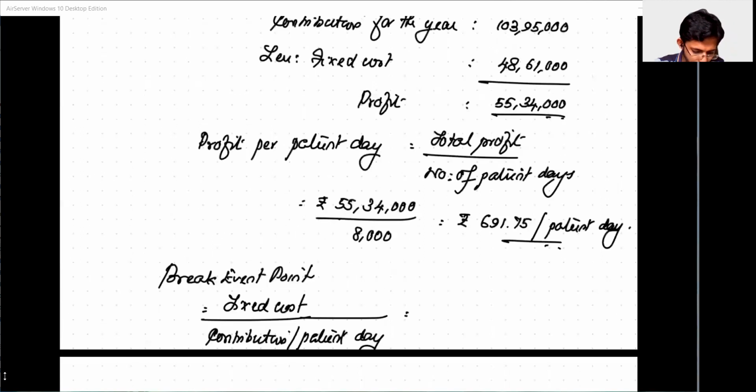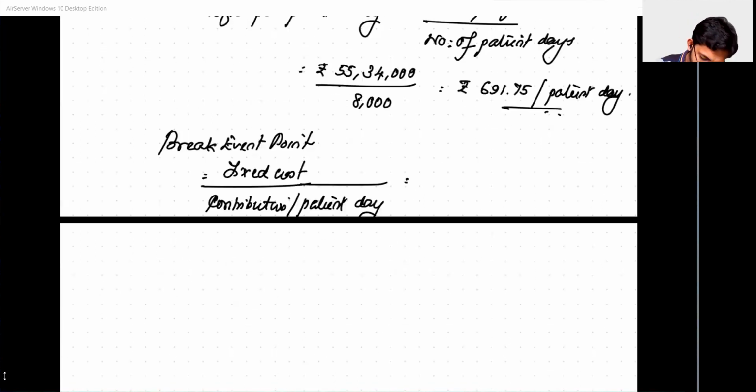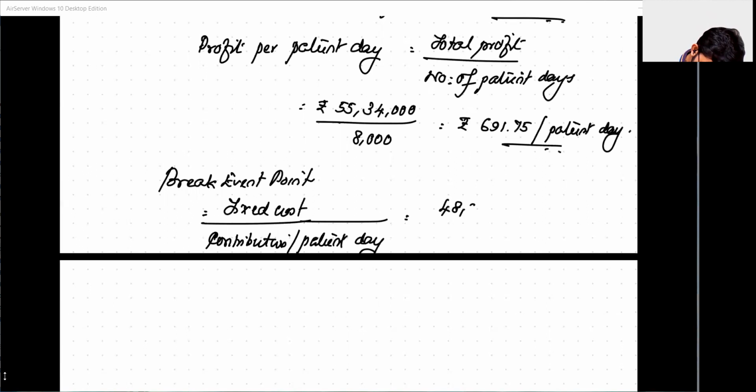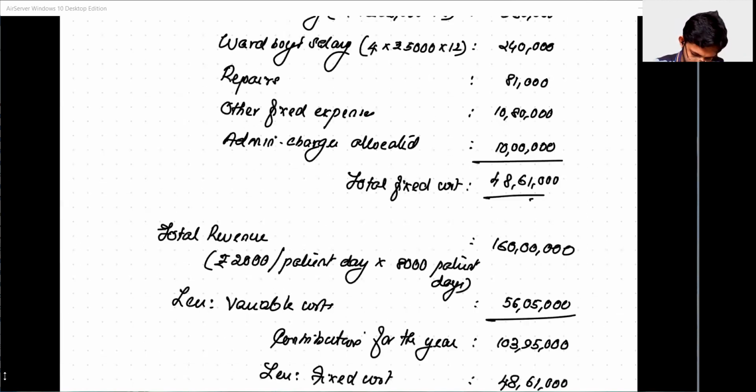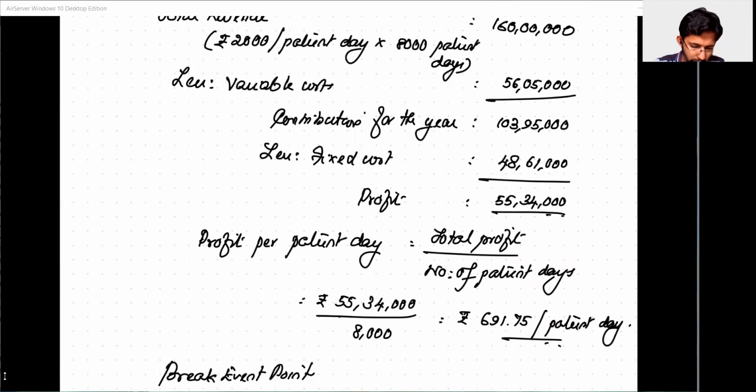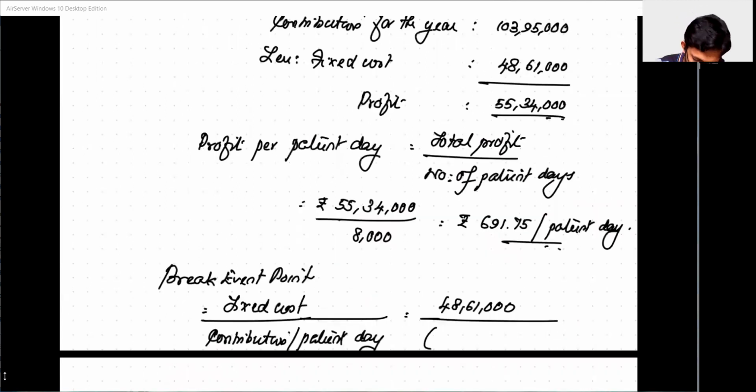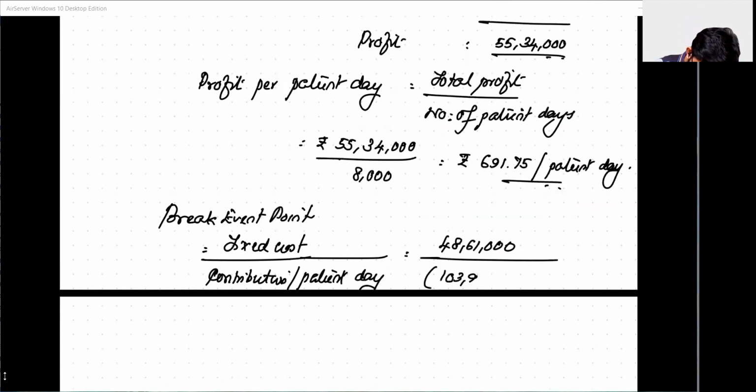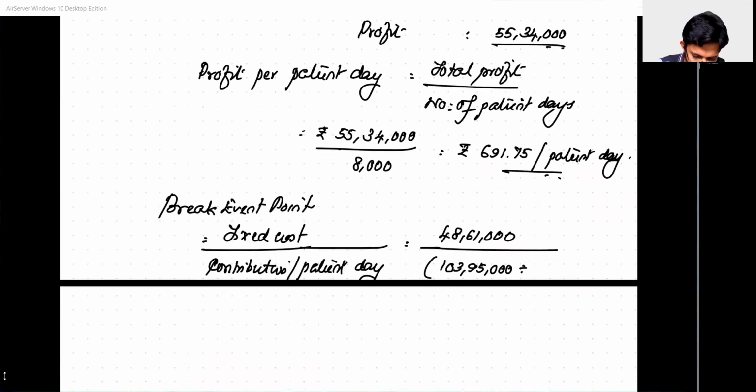So fixed cost is given to be 48 lakh 61,000. And what is contribution per patient day? Total contribution is 103 lakhs 95,000 divided by, what is the total number of patient days? It is 8,000.